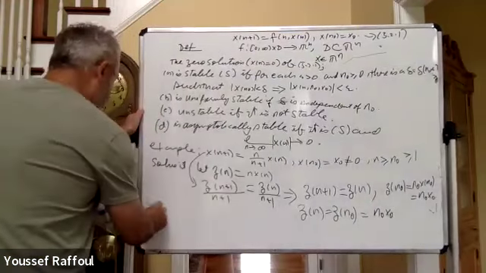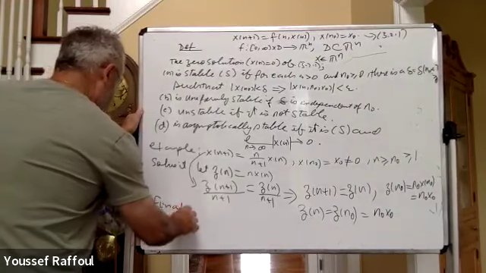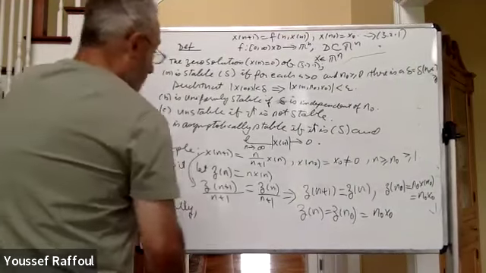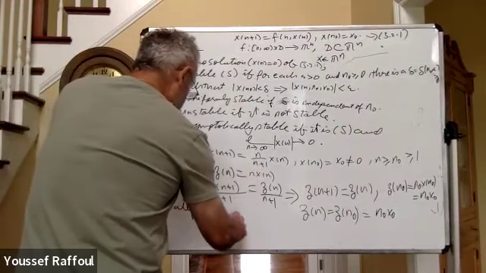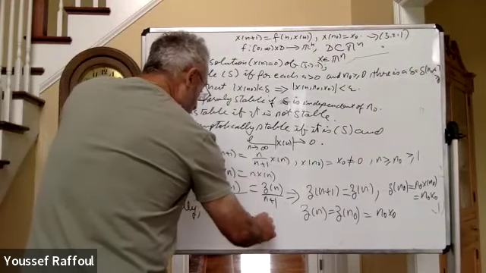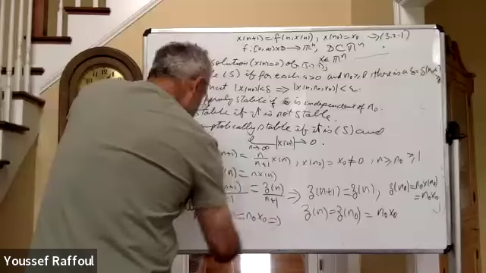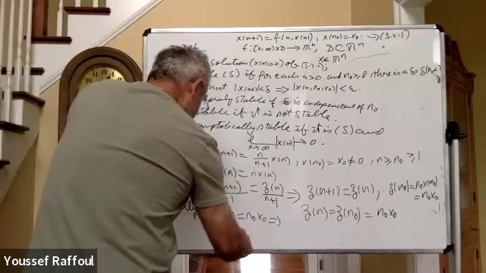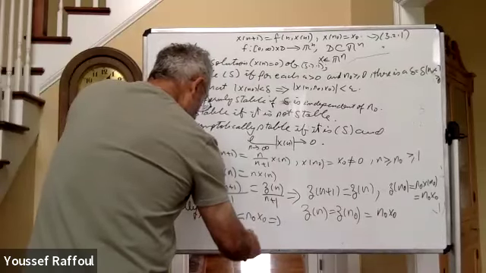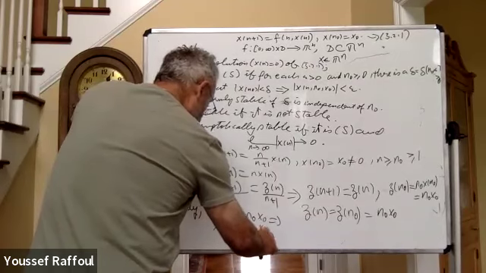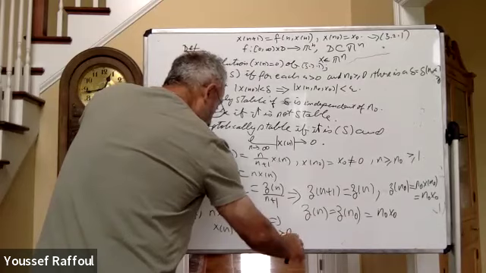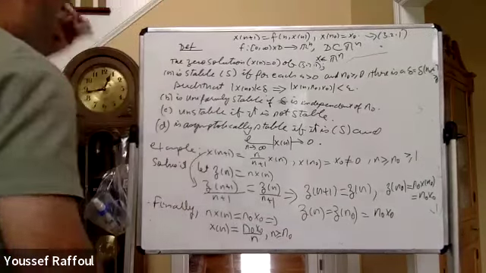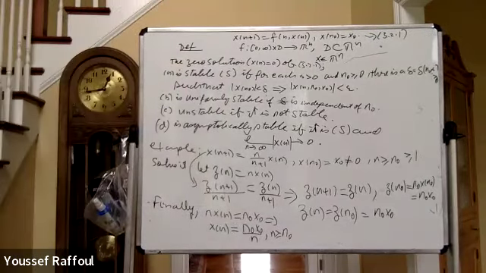So finally, nxn equals n0 x0, which implies xn equal to n0 x0 over n, for n bigger or equal to n0. Okay? So that is the solution.